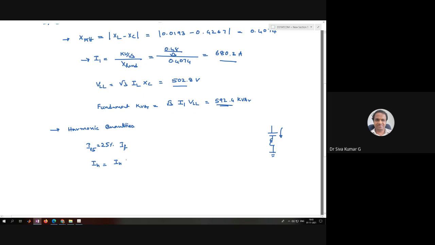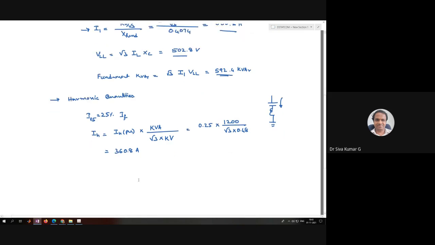Then IH is equal to kVA of the load by root 3 times of the kV, into 0.25, into load kV is 400 by root 3 into 0.48, which we get is 360.8 amperes.